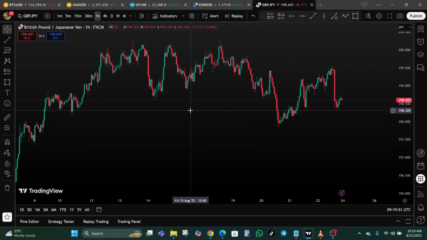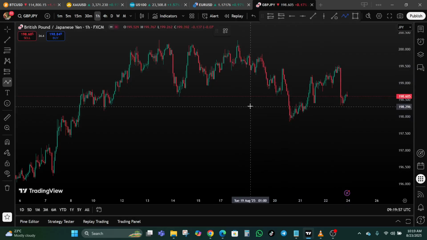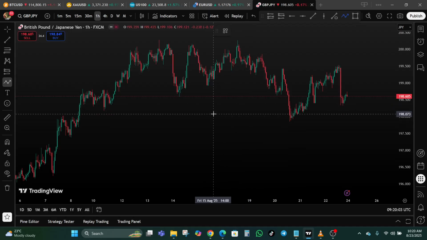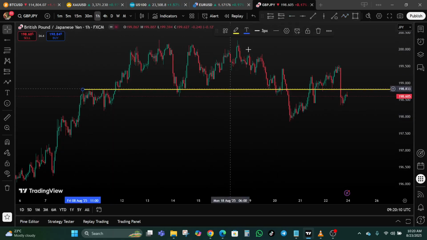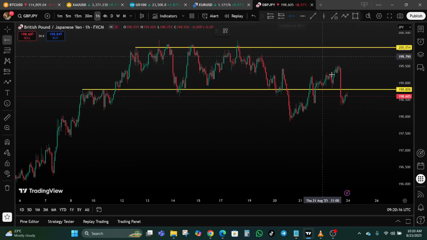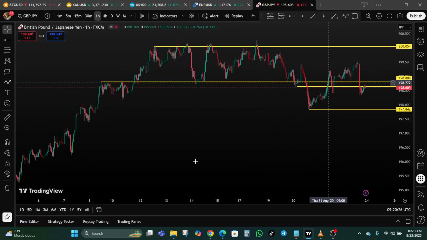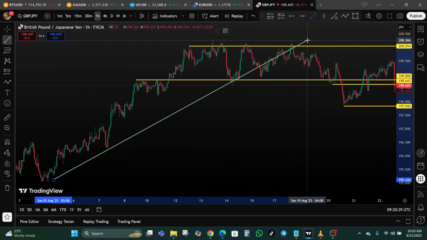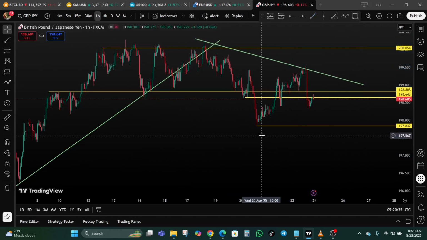Institutions pay close attention to higher highs and higher lows, in a bullish trend, and lower lows, and the overall direction of the trend, whether the market is trending upwards or trending downwards.